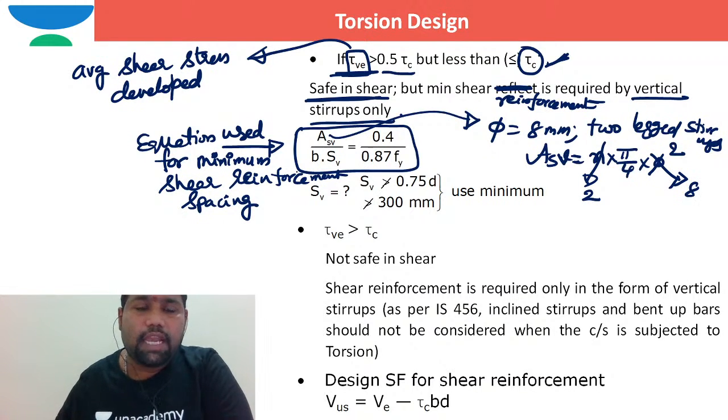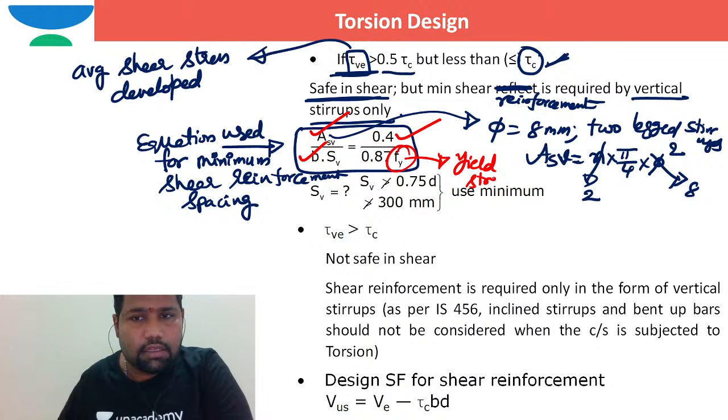So I know this Asv. The width of the section is known to me. 0.4 is known to me. Fy is the yield strength of the stirrup or shear reinforcement.